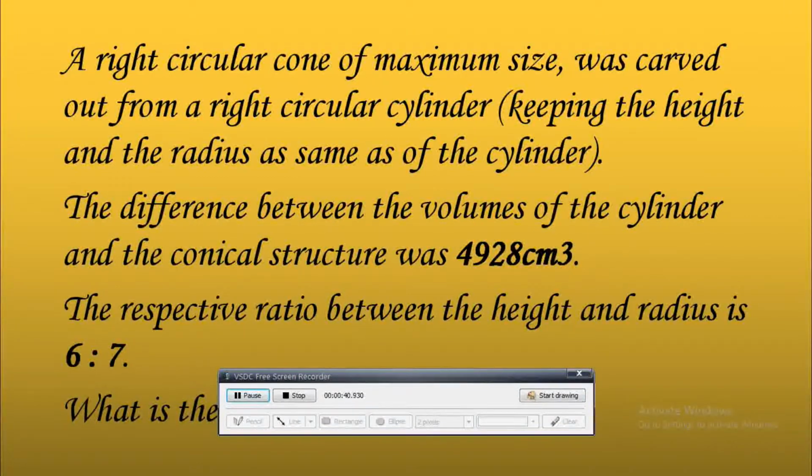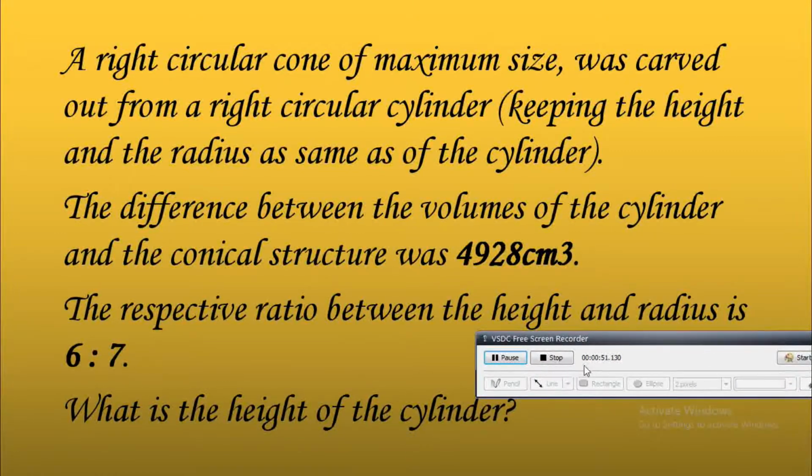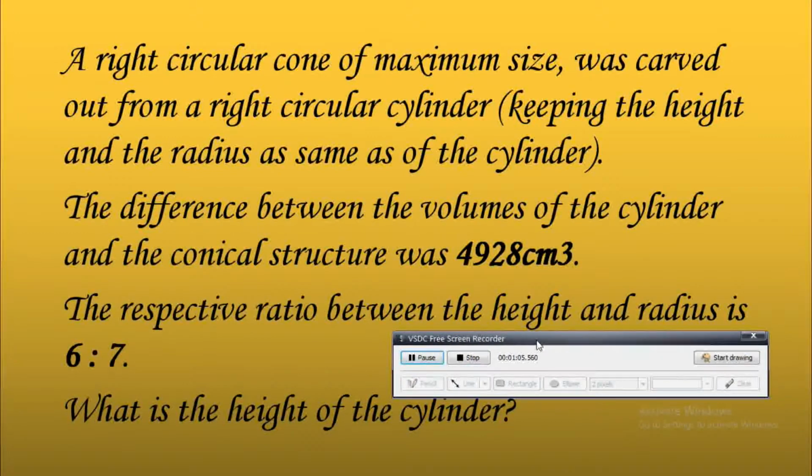The difference between the volume of the cylinder and the conical structure is 4928 centimeters. If the respective height and radius are in the ratio 6:7, find the height of the cylinder. This is the question that we will solve today.